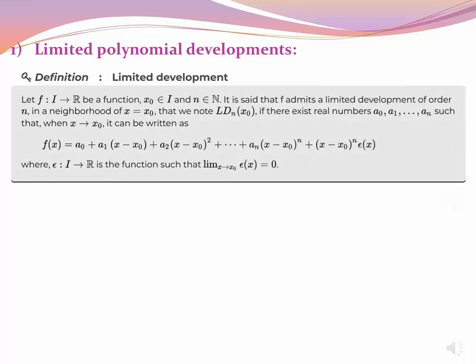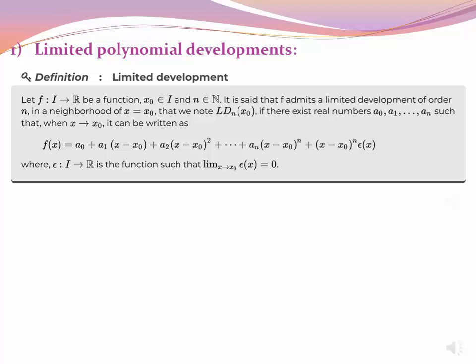Let's now introduce the definition of limited development. Let f be a real function defined on an interval I, and let x0 be in this interval, and n belong to the set of natural numbers.